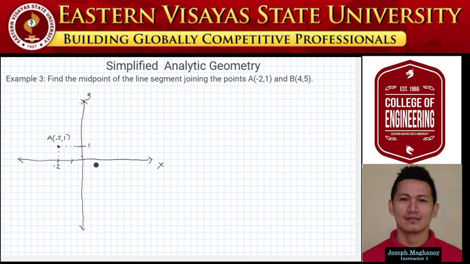So for your point B, 4. 4. And for your y, 5. 5. So these are point B, 4 and 5. So let's connect the line segment. Okay. Problem is find the midpoint of the line segment joining the two lines.